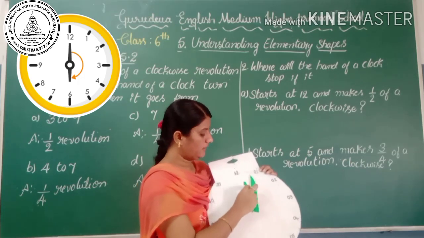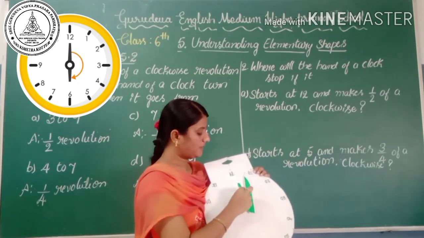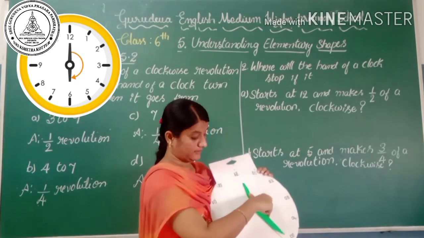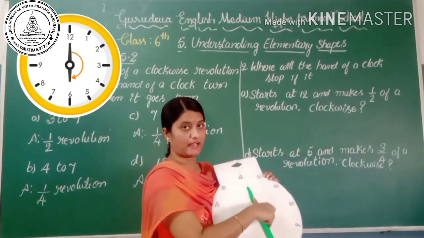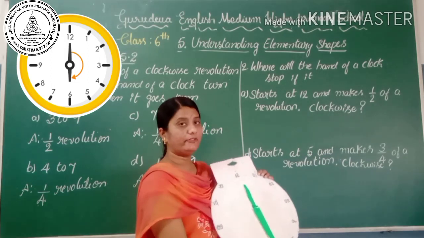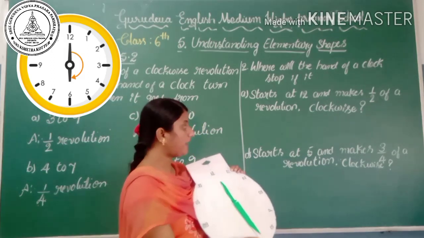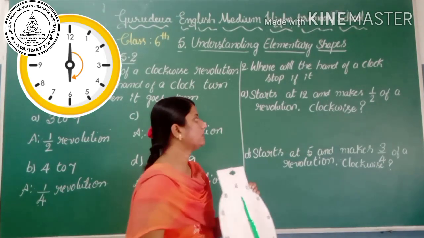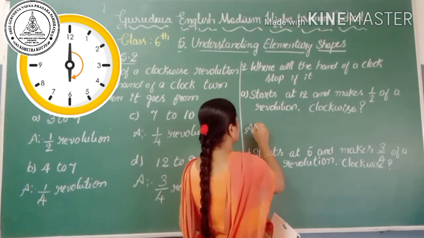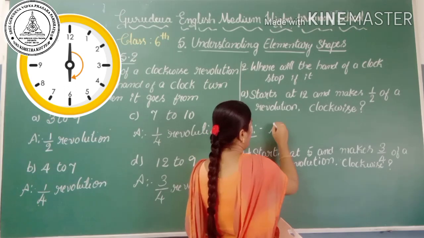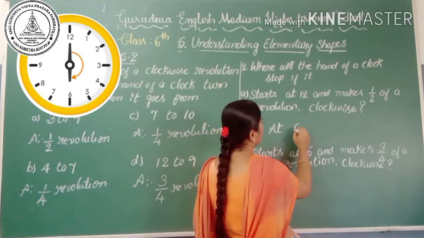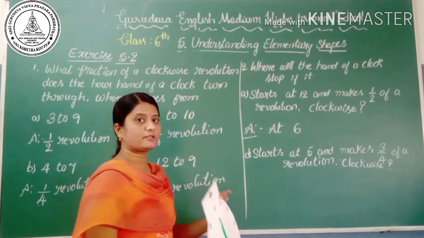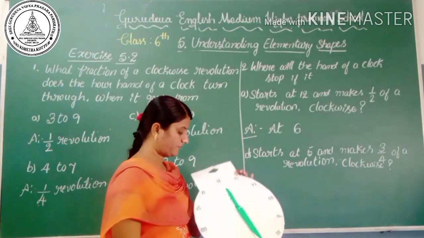From 12 it is one right angle and then two right angles. So it comes to half of a revolution. So where it stops is at 6, right? The answer is: stops at 6.